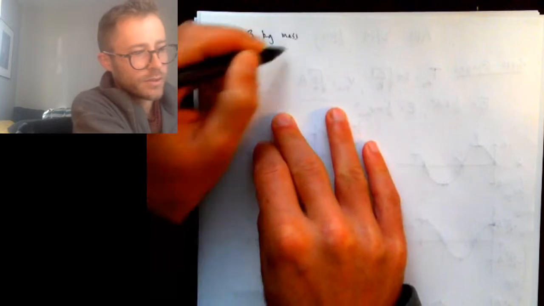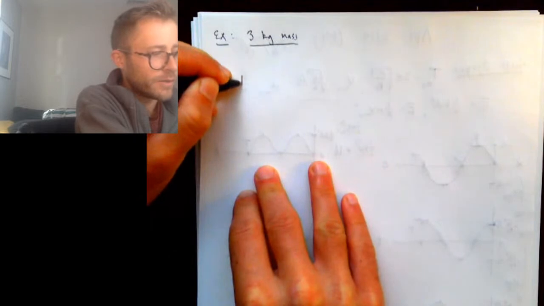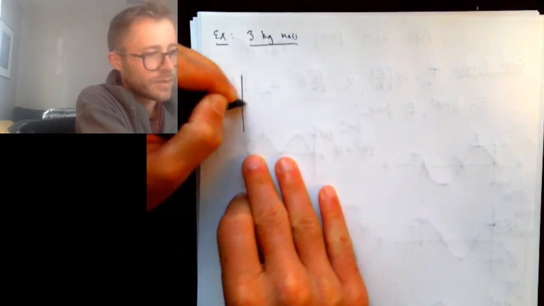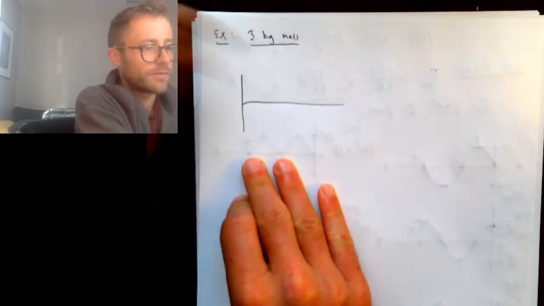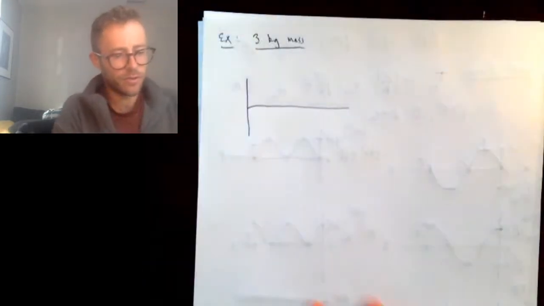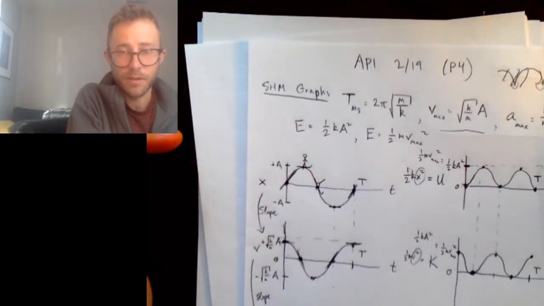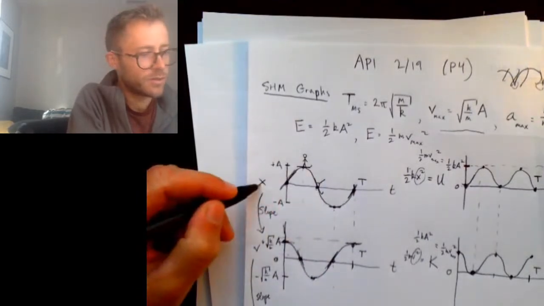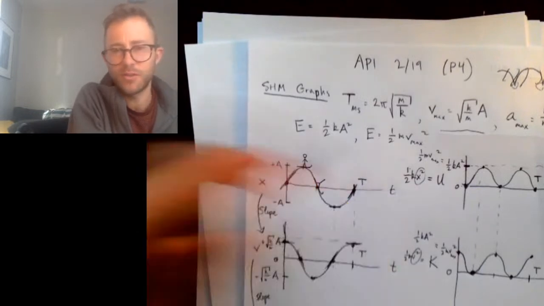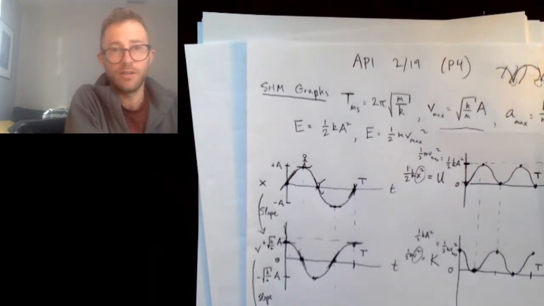You are told that this is a 3 kilogram mass, and you are given its position as a function of time. Okay? On the previous page, I was just talking conceptually about the shape of the graph. Notice how I didn't put position in meters and time in seconds, because I was just talking conceptually about it. But now we're talking concretely about the motion.